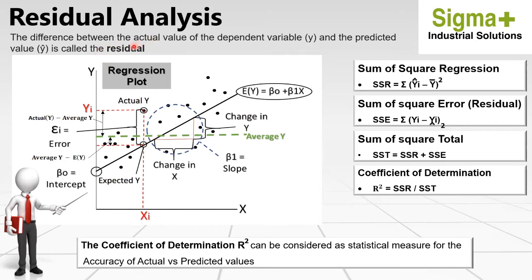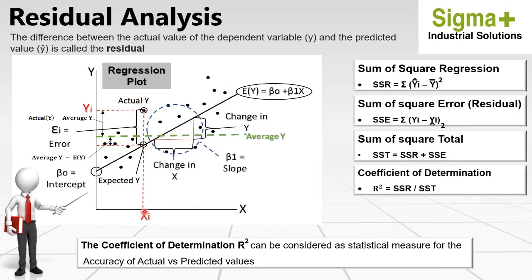The residual is the difference between the actual value of the dependent variable y and the predicted value. So all the points that you can see here are called the residual points, and this line is my prediction line.